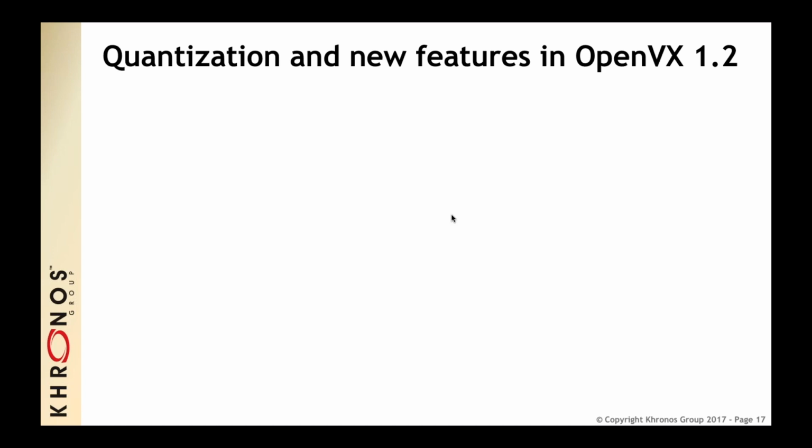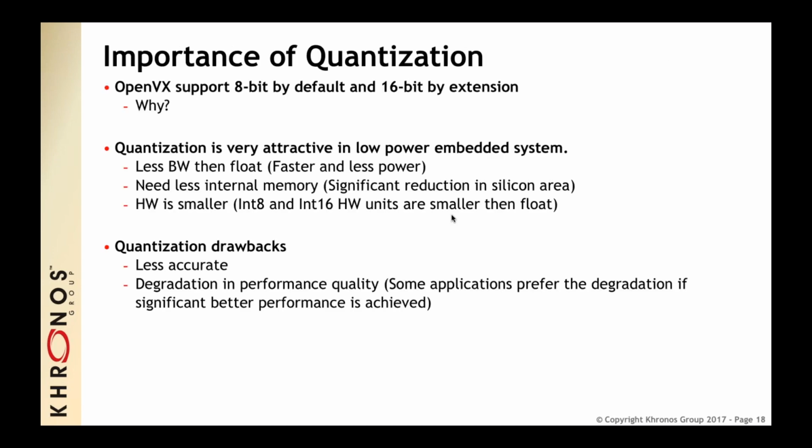Basically, the OpenVX graph abstraction is what enables application developers to express their problem and an implementer to take that problem and map it down to their hardware. So that's all I have from the overview. I'm going to hand it over to Tomer to go over the OpenVX 1.2 feature details.